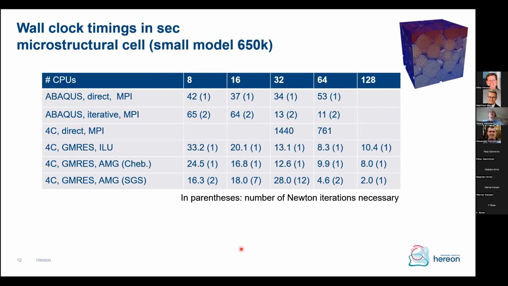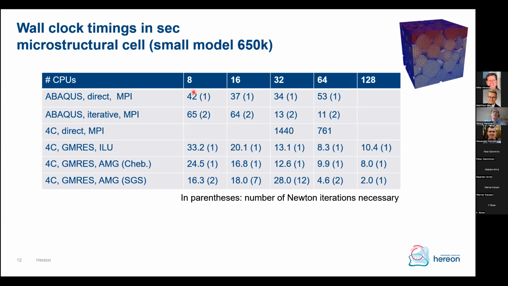And if I now look at the timings that we obtain, here in the first 2 rows you can see Abacus in use. The last 4 are our in-house solution. If you just have a look at the direct solver, it's from 8 to 16 up to 128 processes that we use in our cluster.